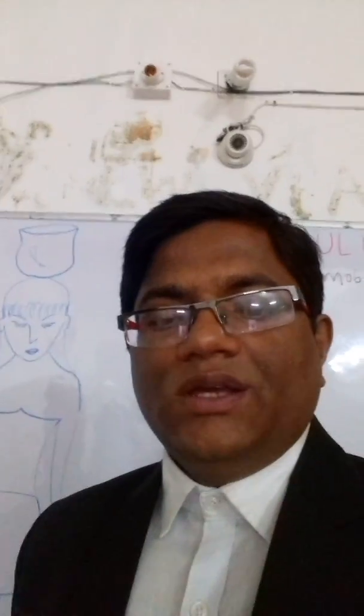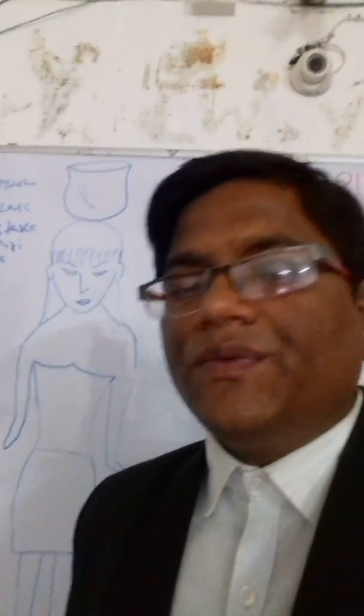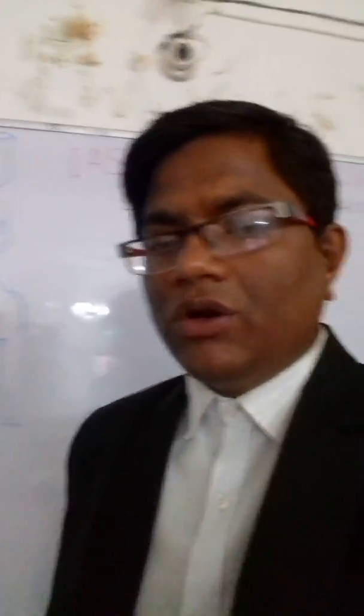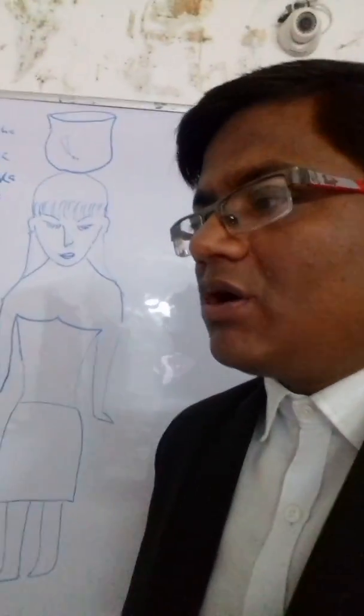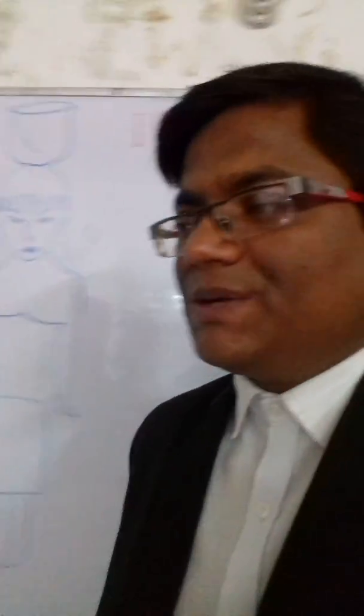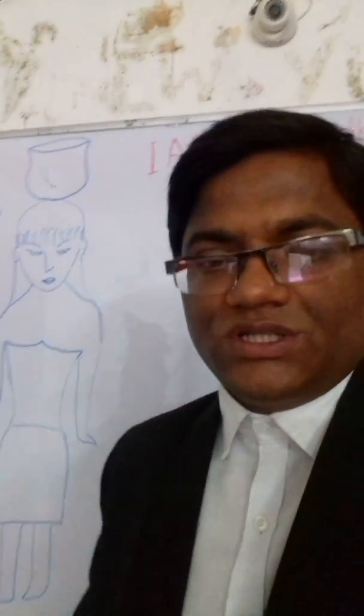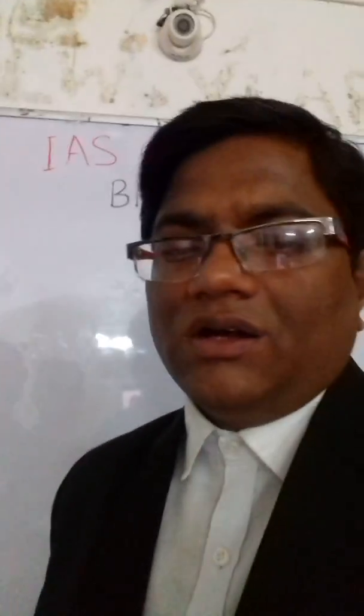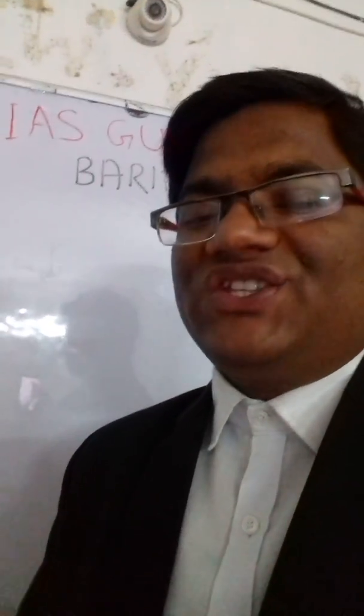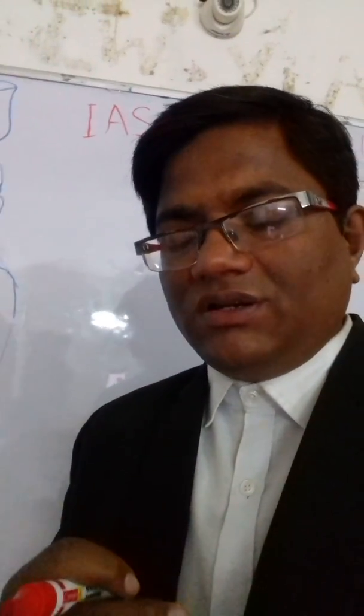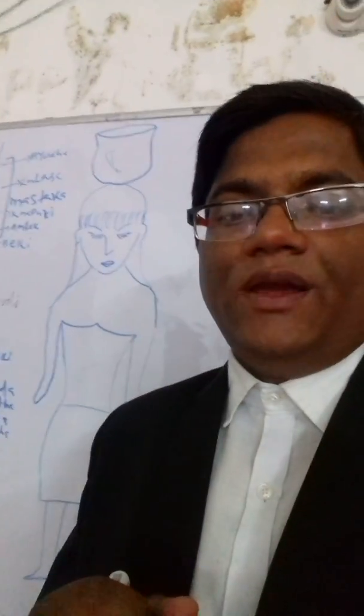Then next, the portions of the temples. We are going to discuss the portions of the Deula or the Rekha type of temples because it is very important. If you see the temple, you will observe that it stands just like a man or woman standing, like the structure of a man or woman.